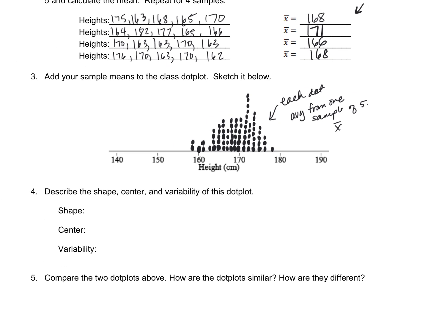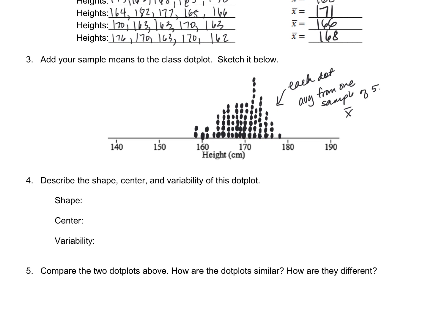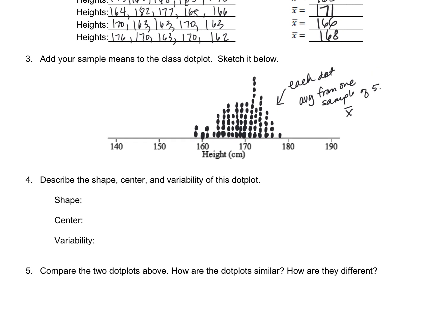Okay, so let's talk about our descriptors of our distribution. What shape do you see? Approximately normal, right? What about the center? Where would you estimate the center being? Around 170, right? Standard deviation is variability.